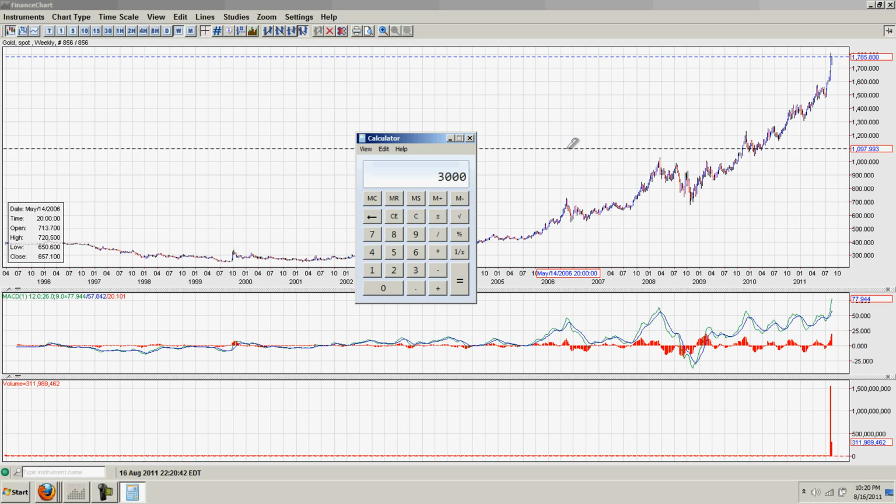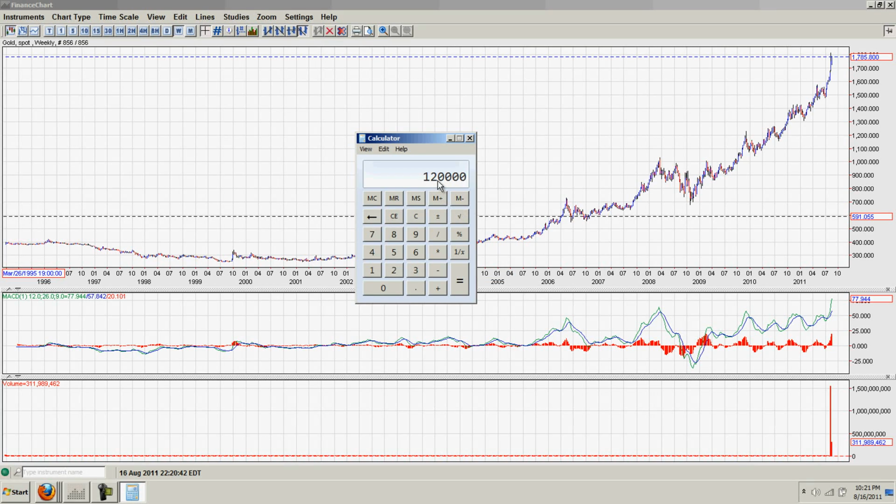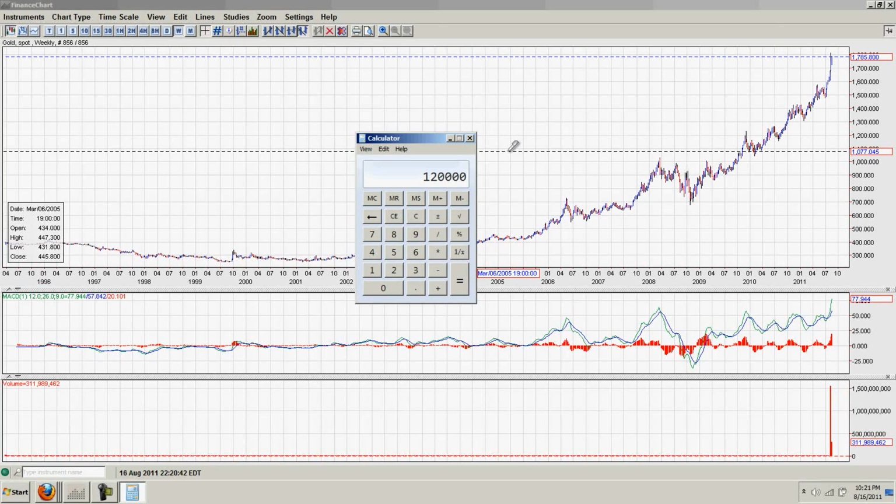So that's going to be a figure that is 40 times this figure. That's going to take $120,000 an ounce silver to have silver back that amount of debt. That's to have all the silver in the entire world back the amount of money.